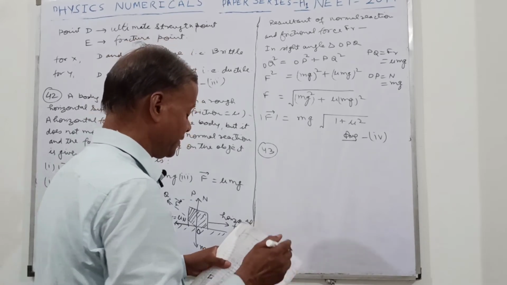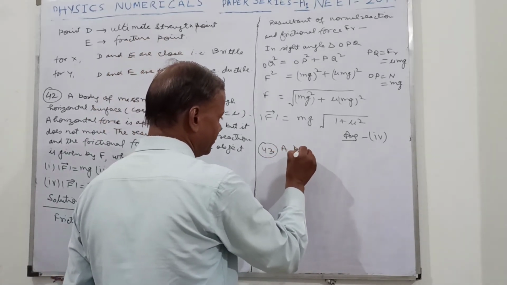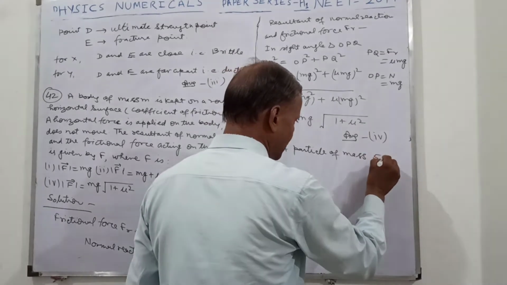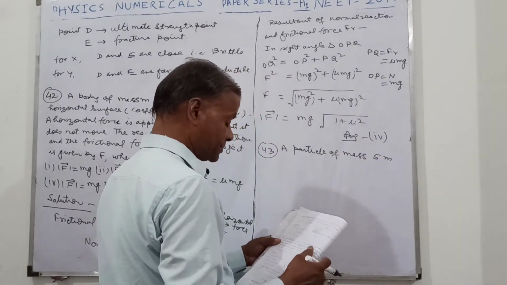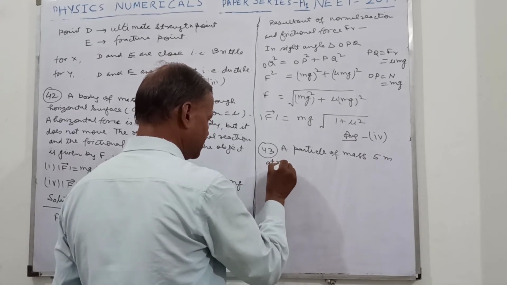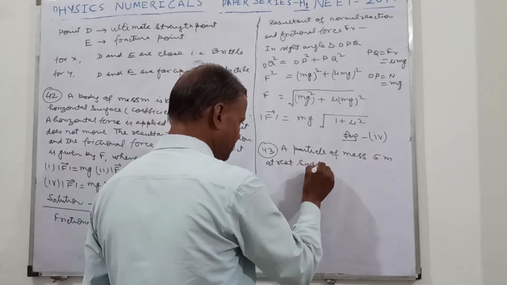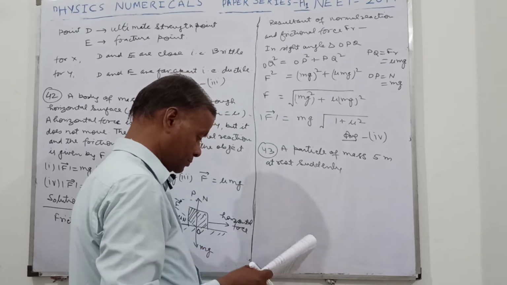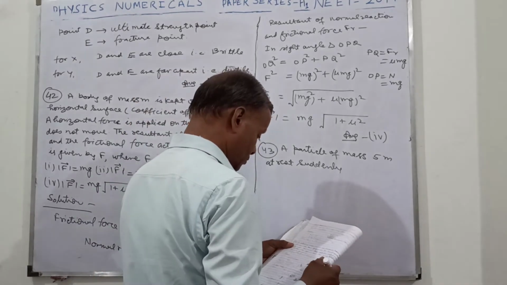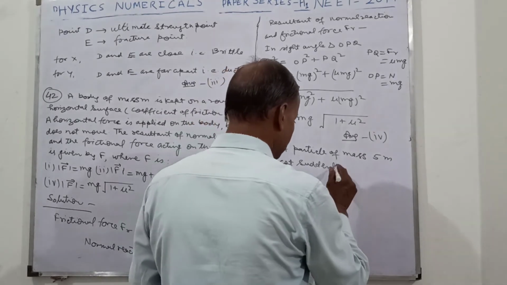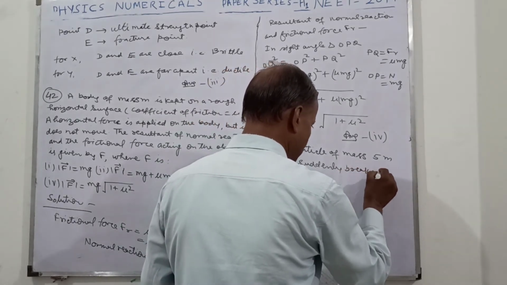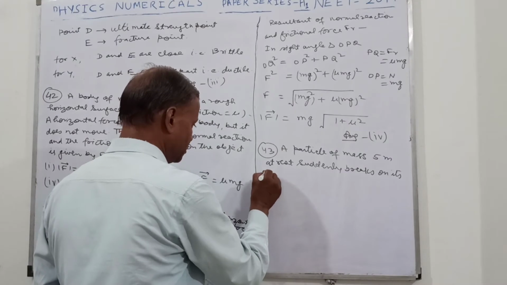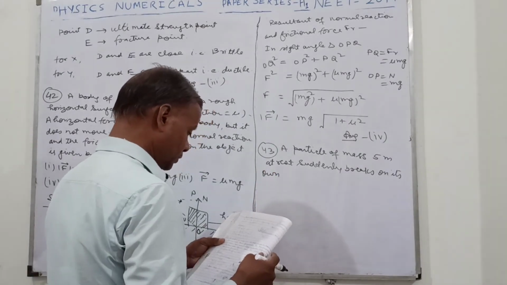A particle of mass 5m at rest suddenly breaks on its own into 3 fragments.